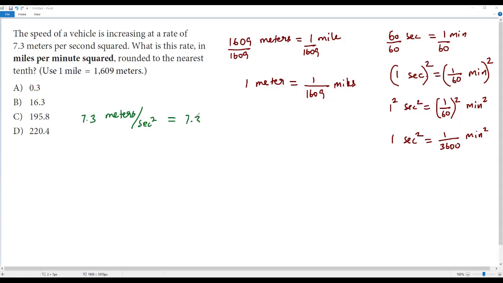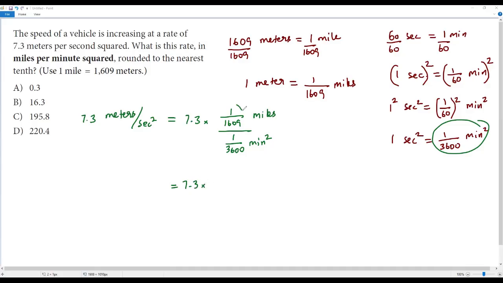Then we get 7.3 times 1 over 1609 miles. And also we got that 1 second square equals 1 over 3600 minutes squared. We can plug in this one for second squared over here in the denominator. Then we have 1 over 3600 minutes squared.